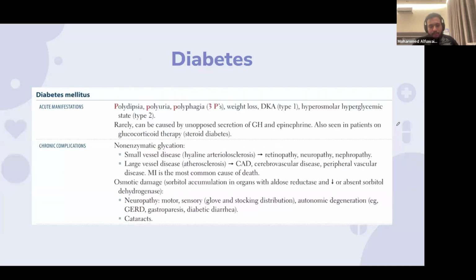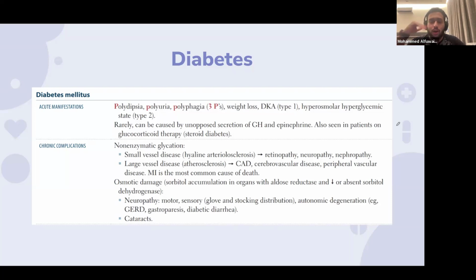Now, for diabetes, you have 2 types, type 1, type 2, and we'll talk about the specifics of both. However, usually with diabetes, they have polydipsia, polyuria, and polyphagia. Why do they have polyuria? They have so much glucose in the blood, hyperglycemia, that it's going to go to the kidney, and it's going to exceed the reabsorption maximum of glucose.